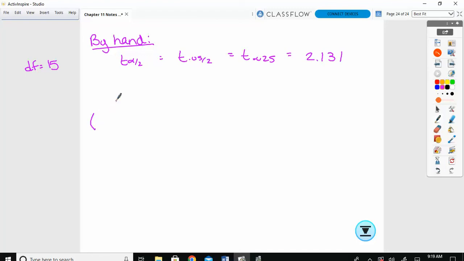So our formula: mean of the first minus mean of the second, plus or minus the t alpha over 2, and this is on the formula sheet.